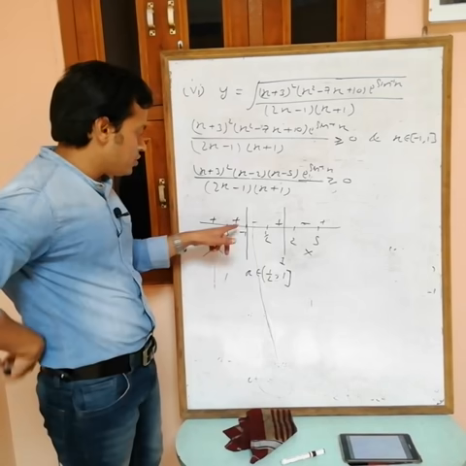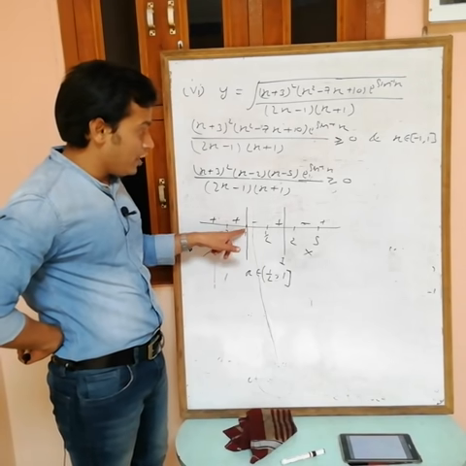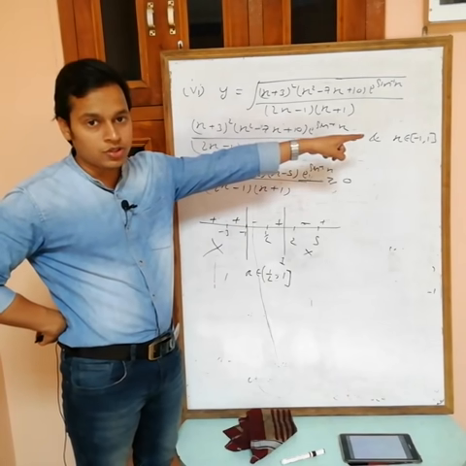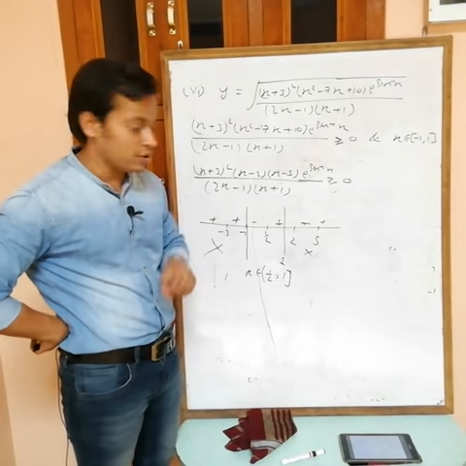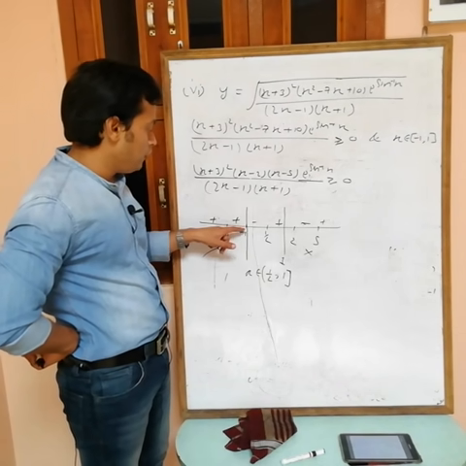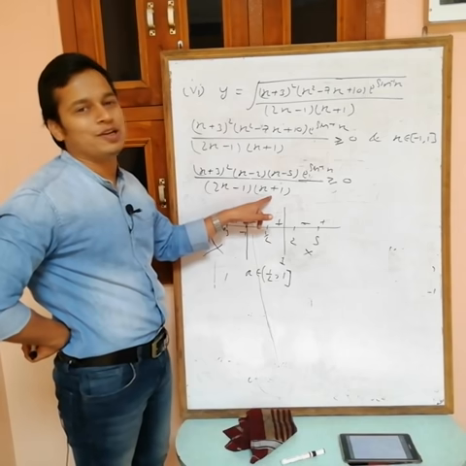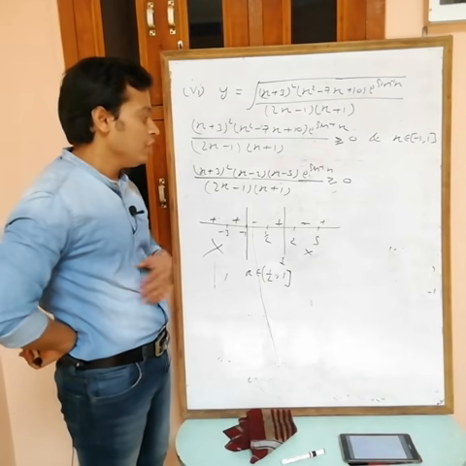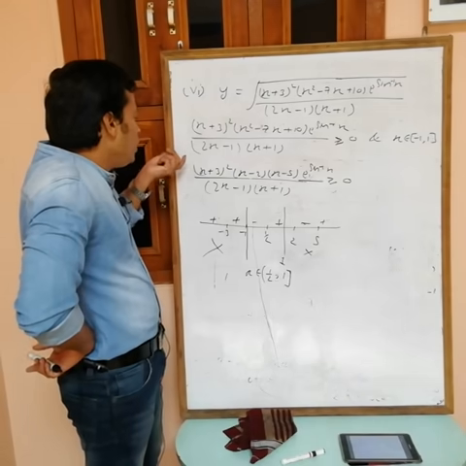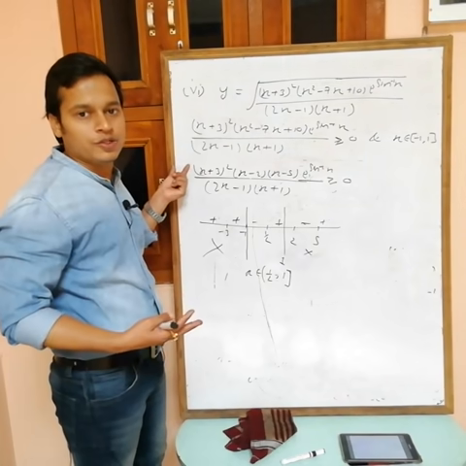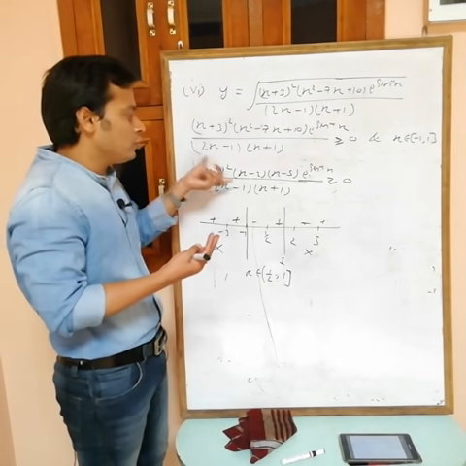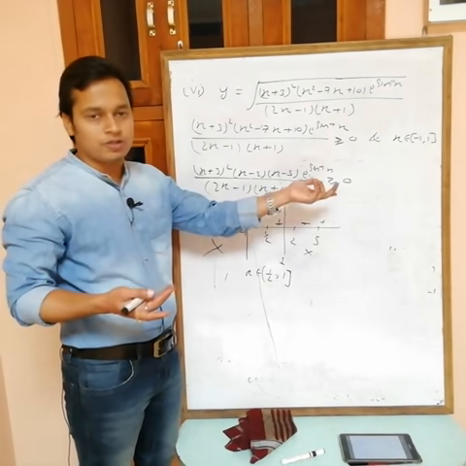And also, one minute, check for this point, this -1 is also in this interval, so I have to check for -1. If you put -1, then the denominator becomes 0, then we can't take it. Suppose if x plus 1 were in the numerator, then I could take -1, because if the numerator is 0, then the total value is 0, and 0 greater than or equal to 0 is satisfied.